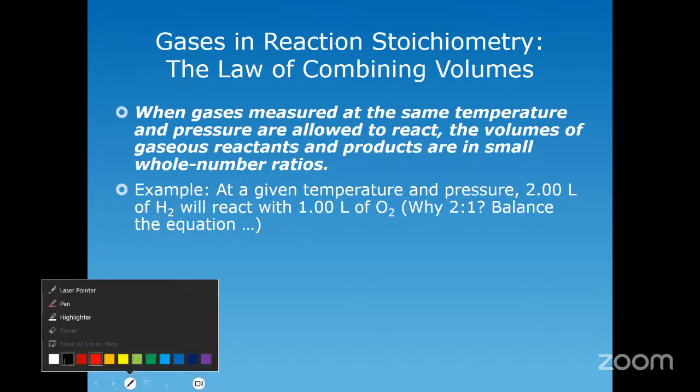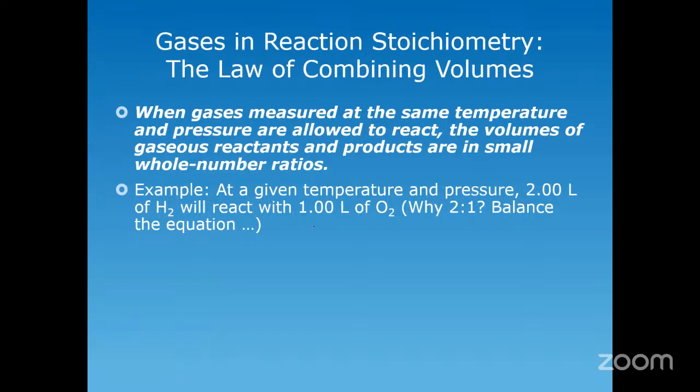That equation is H2 plus O2 to give H2O. And to balance this, we need a 2 here and a 2 here, right? So if you focus on the relationship between the hydrogen and oxygen, you see that there's a 2 mole to 1 mole ratio between H2 and O2.